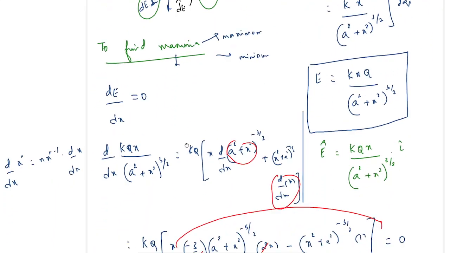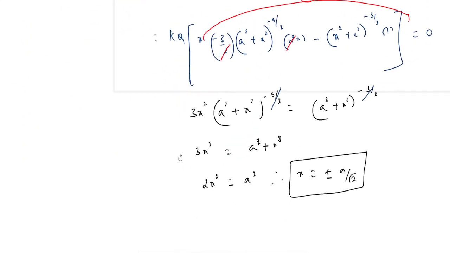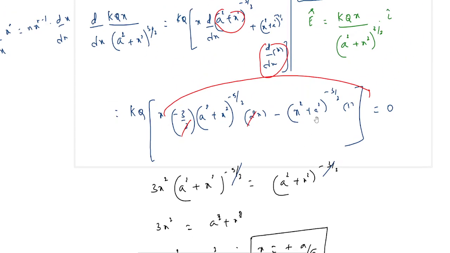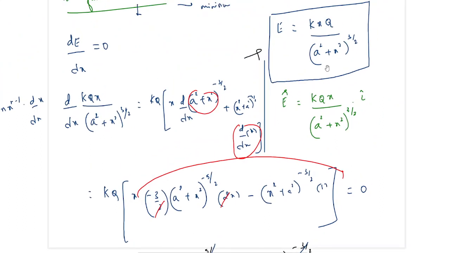To find what that value itself is, to find what E maximum is, we'll put the value of x in this expression. So E maximum is equal to, the expression was k q x by (a square plus x square) power 3 by 2.